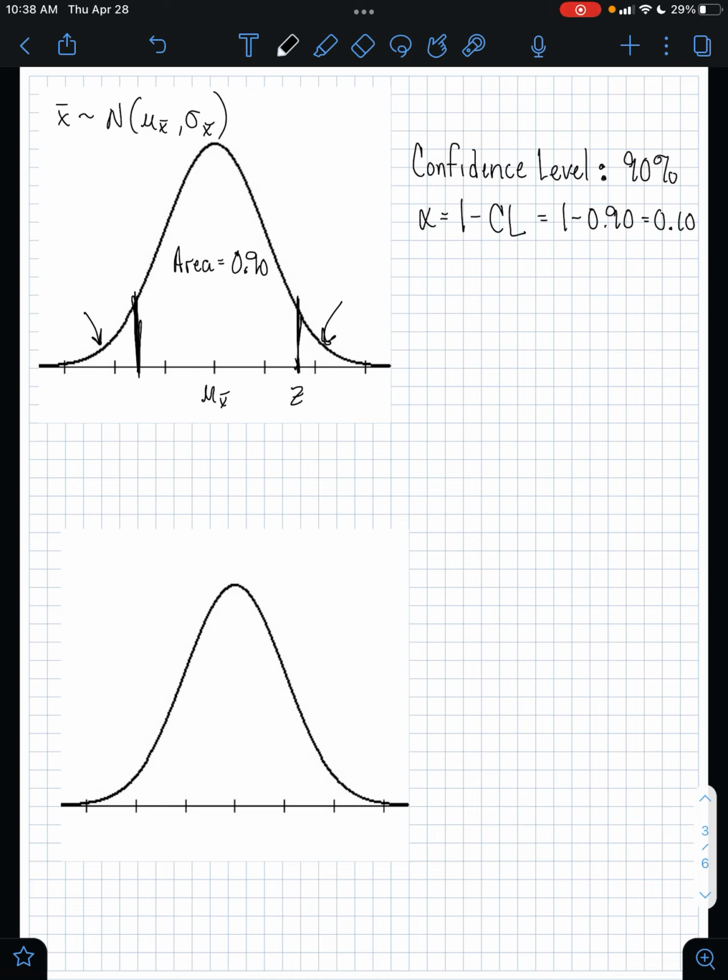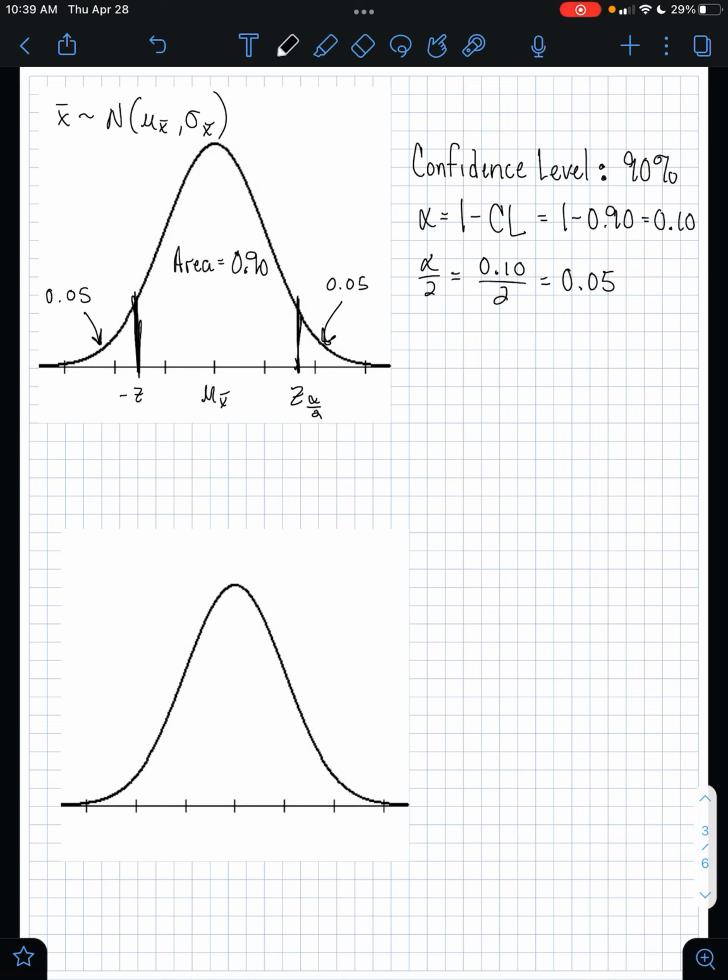Now that remaining area, that remaining 0.10, has to be split between the two tails. That's why we have alpha over 2. So if there's 90% of the area in between, then there has to be 5% in each of the two tails, so that in total we have 100% of the area accounted for. So because of that, we refer to this z-score as z sub alpha over 2.